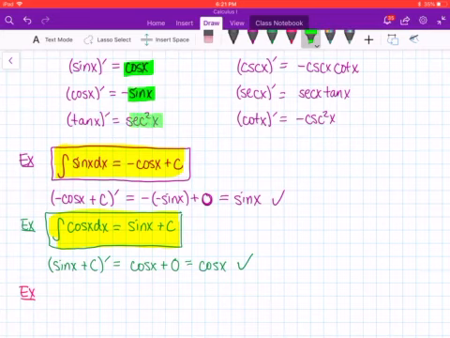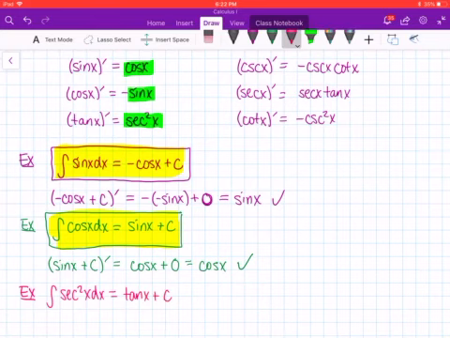Then we would know what the integral of secant squared is. That equals tangent x plus c. Similarly, if we wanted to look at the integral of cosecant x, cotangent x dx, then we got to correct for that negative sign.